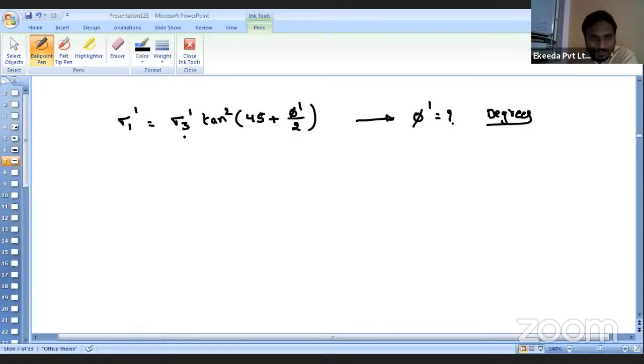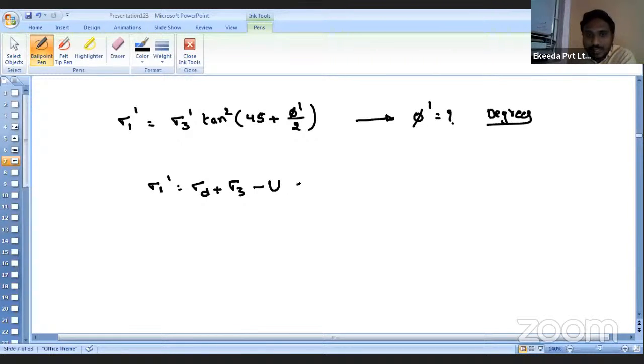And so what about the sigma 1 dash value? Sigma 1 dash, we can represent it as deviator stress plus confining stress. So these two are total stress parameters, but we have to use the effective stress. If you want to use the effective stress, then we have to subtract the pore water pressure.